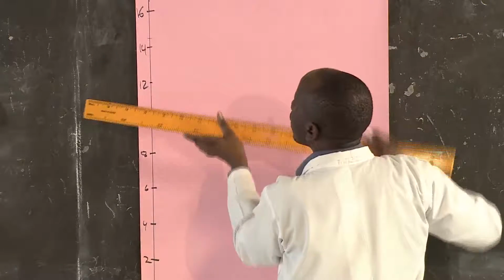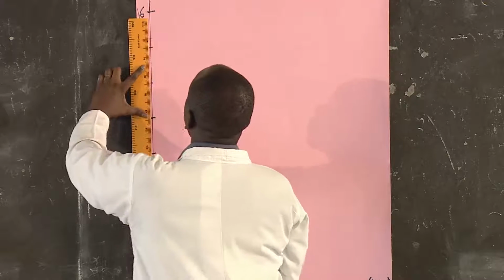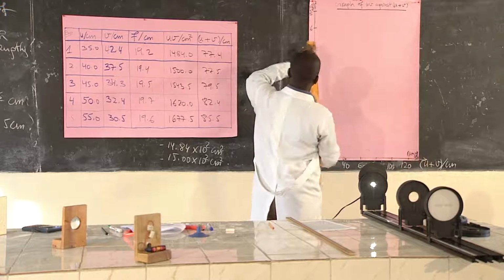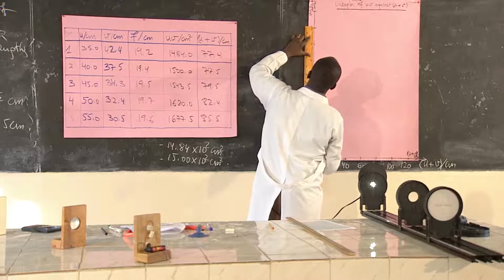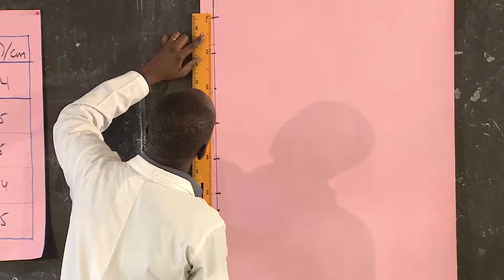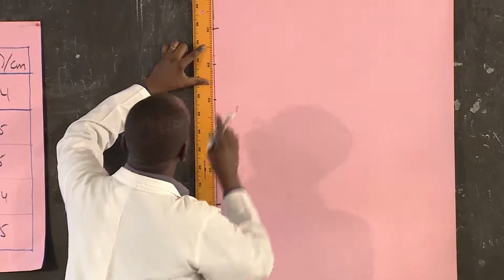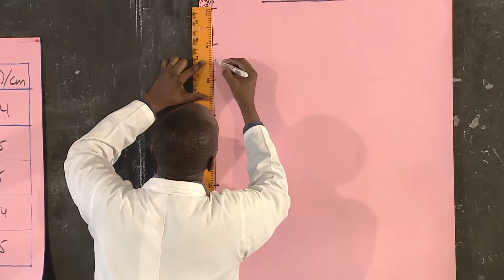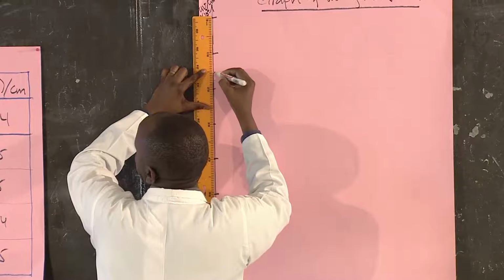And this means that we have 14.0. Because it is now 14. Let's see. At this 14, I have 8, and this 8 is in here.